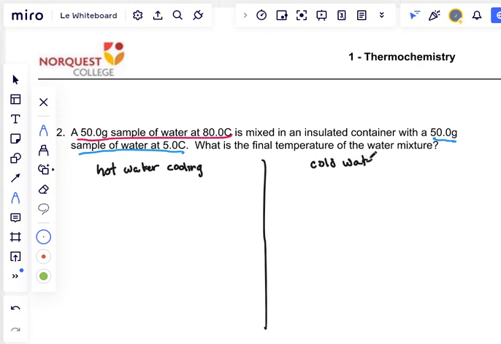Cold water, I'll say warming because that's one word, it's quicker to write. So the hot water is going to give up some energy, the cold water is going to absorb some energy, and that'll keep happening until they end up as one big mass of water that's all at the same temperature.